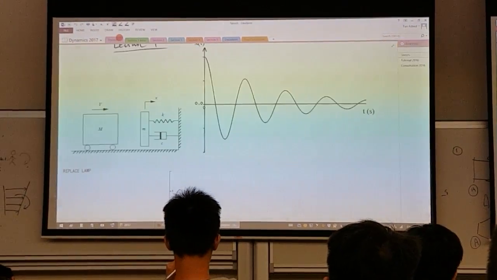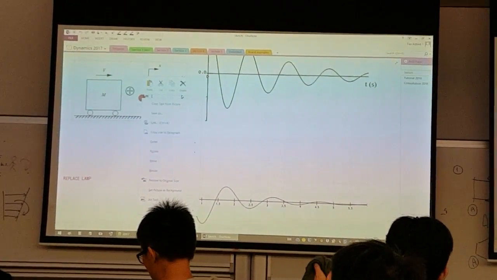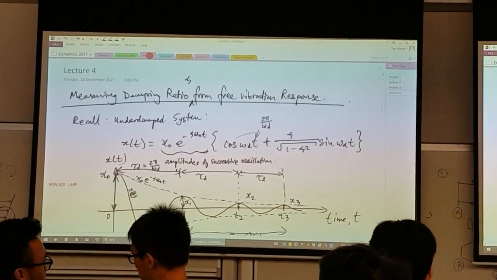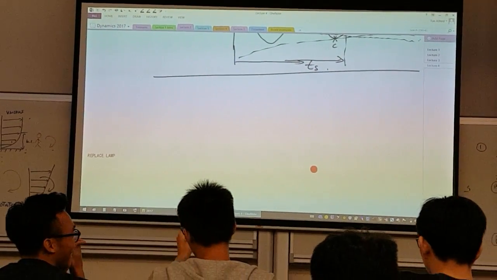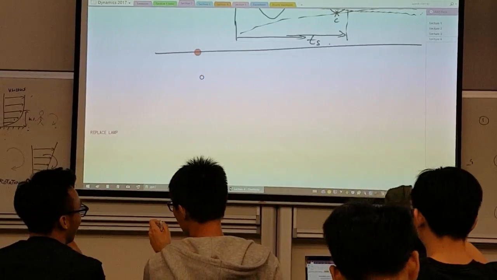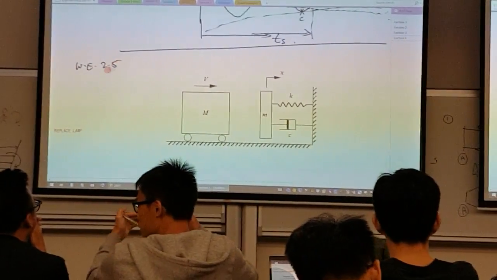So I have some pictures. I think this one I'll copy and then I'll paste. Work example 2.5.